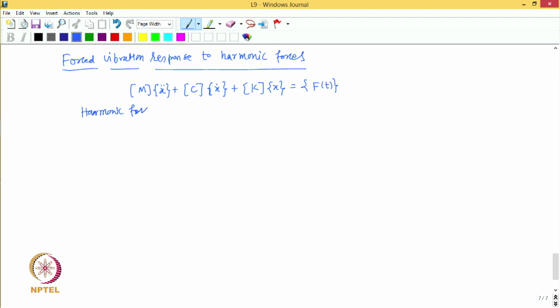it means all the forces acting at all the degrees of freedom are at frequency omega. So, if we assume harmonic forces, let us say we define the force f of t as having an amplitude f naught into e to the power i omega t. So, therefore, we can also assume the response to be of the same form. So, this is the steady state response.